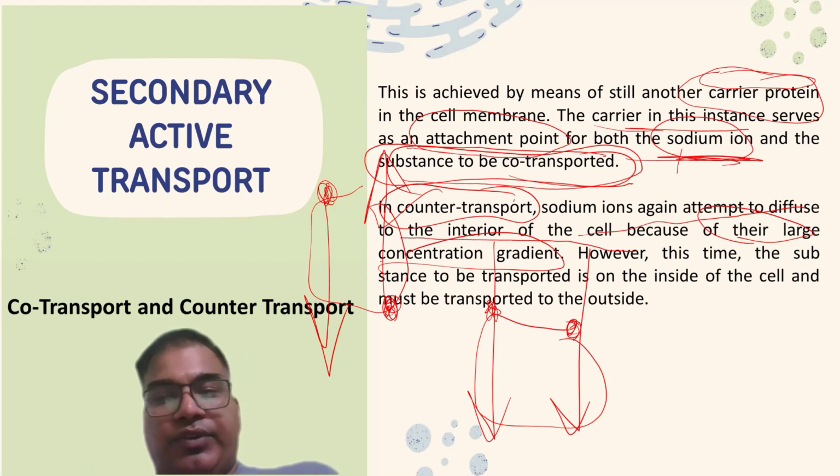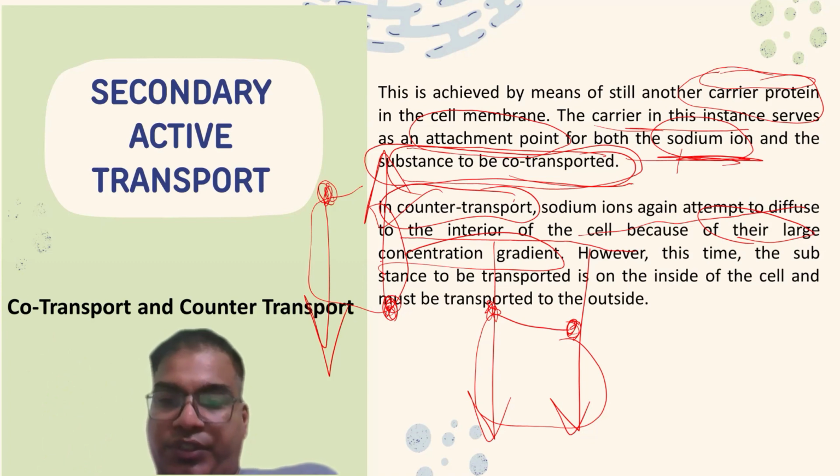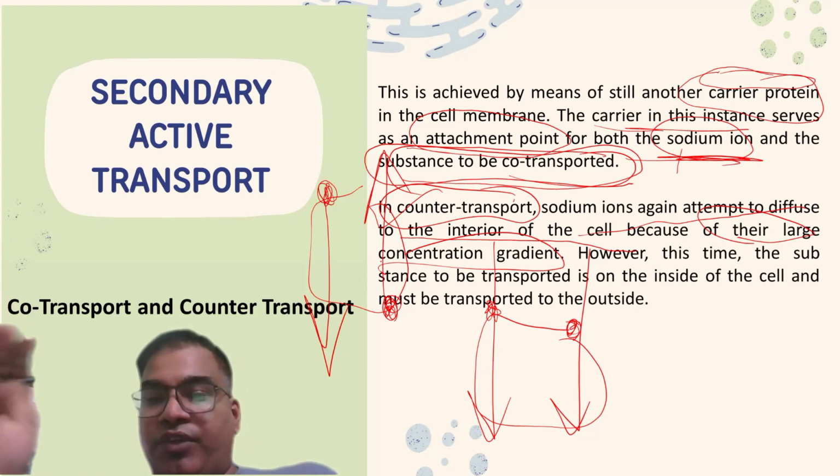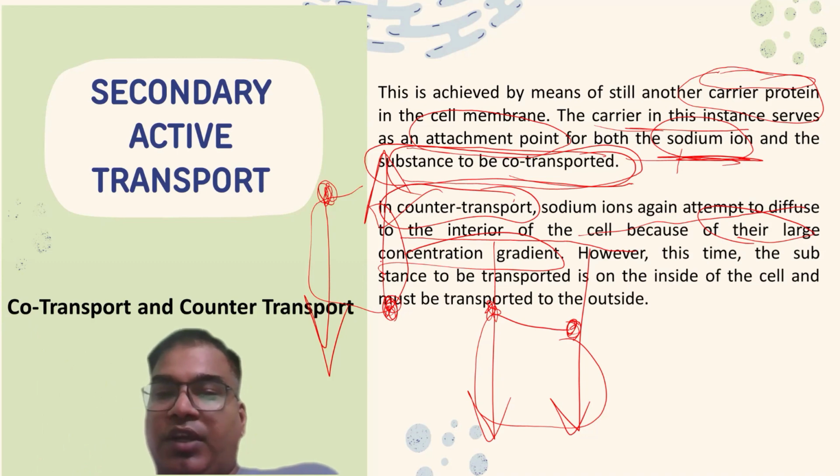So there is a higher concentration outside the cell and a lower concentration inside the cell, and this higher concentration of sodium will always have a tendency to move inside the cell. When this movement of sodium occurs, it will also help in the movement of the other substance. It could be inside the cell or it could be outside the cell.